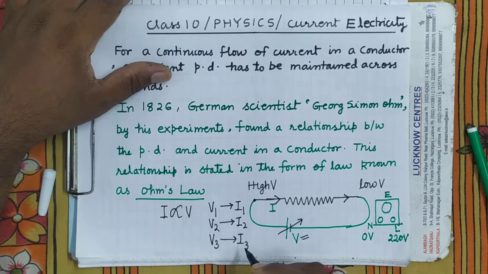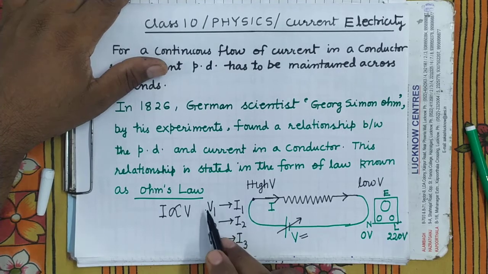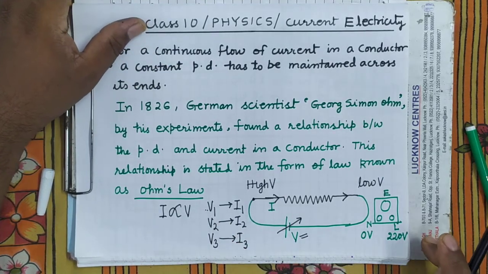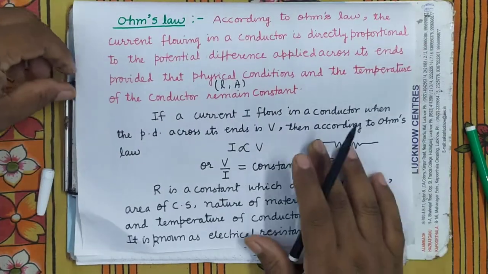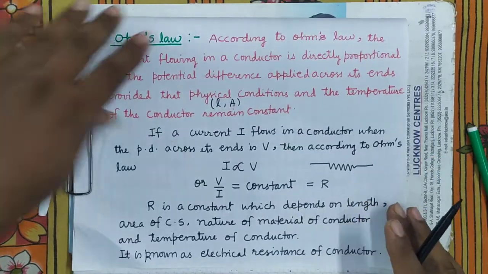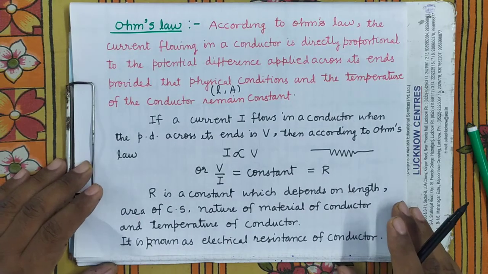So you will find that I will be proportional to V, or V upon I will be constant for all values of V and I. It's clear. Ohm's law states that V upon I will remain constant for the different values of V and I.